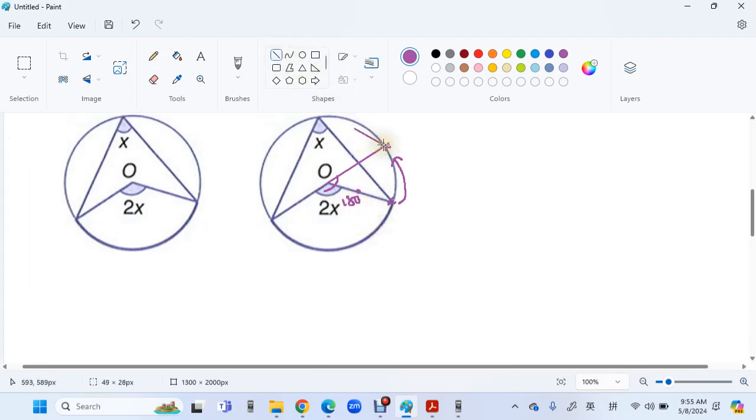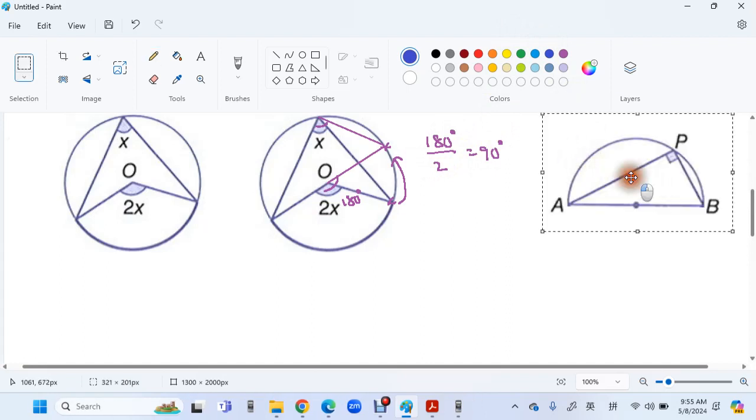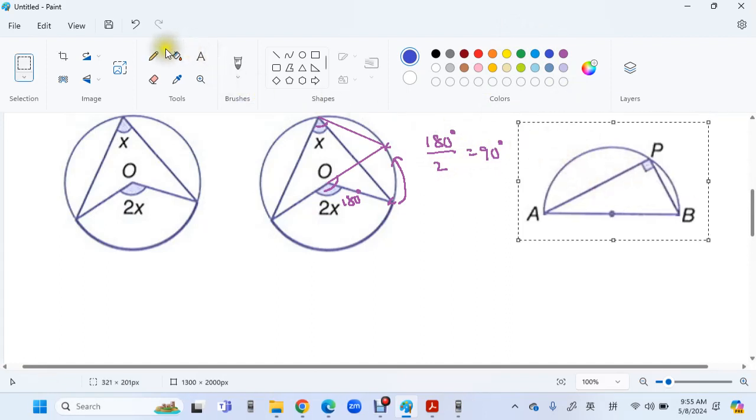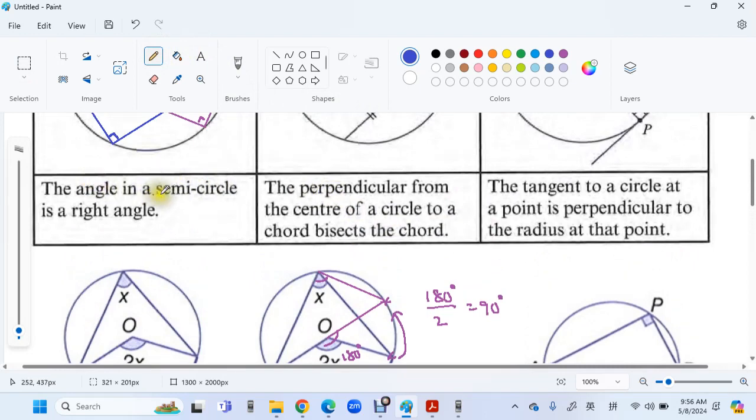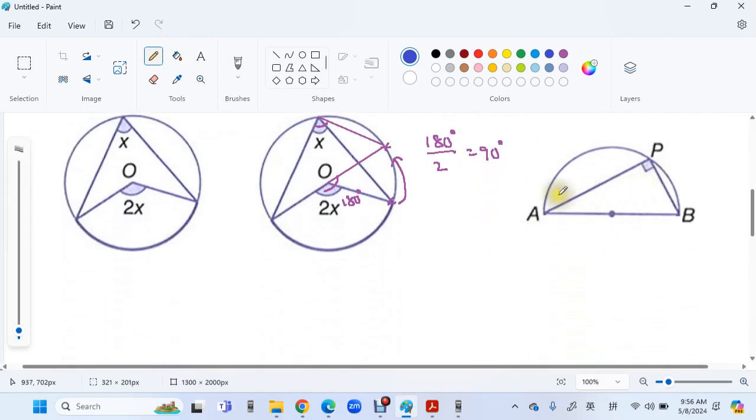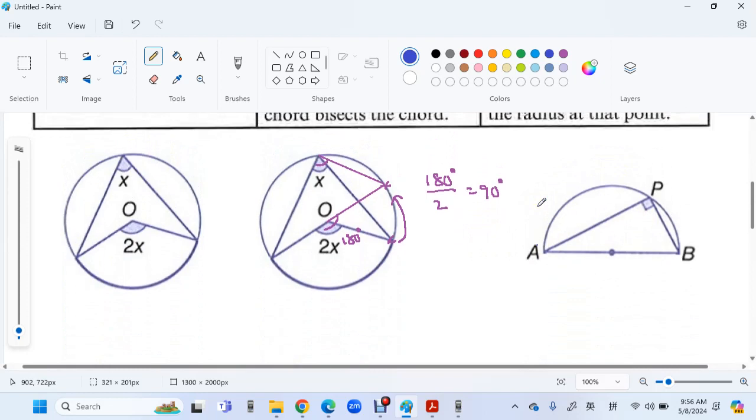And then the angle at the circumference will be 180 degrees divided by 2. Therefore, it is 90 degrees. So we know that the angle in a semicircle is a right angle. This is the reason behind.